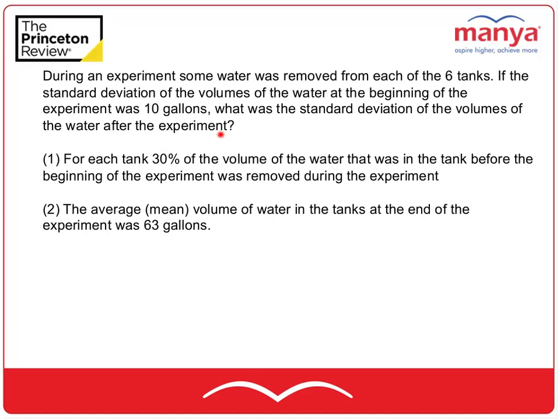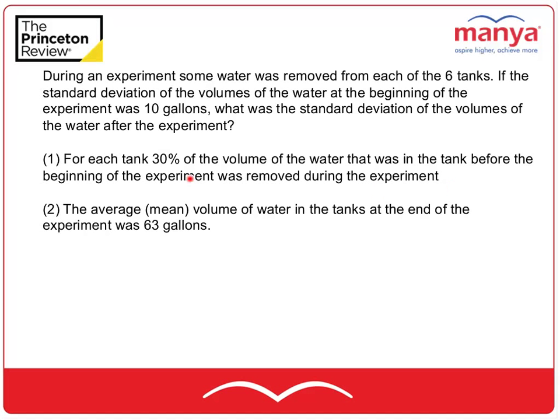So we need the new standard deviation after removing the water. To get the standard deviation, we require the mean and we require the differences, right? Now, statement 1: for each tank, 30% of the volume of water that was in the tank before the beginning of the experiment was removed during the experiment.